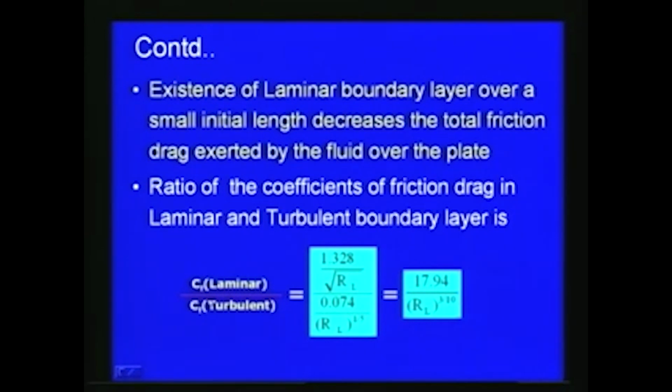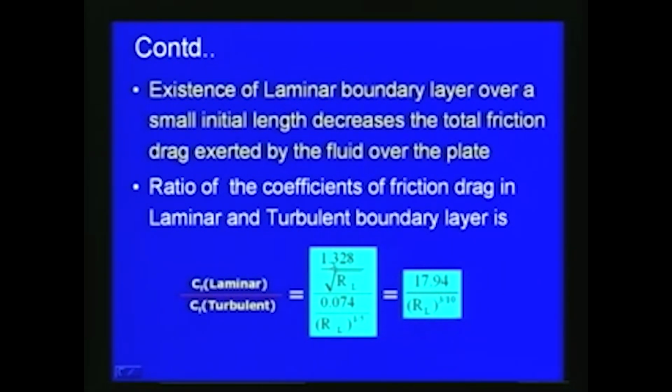Now, if you consider the ratio of the coefficients of friction drag in laminar and turbulent boundary layer, we can write Cf laminar divided by Cf turbulent. Cf laminar is 1.328 divided by square root of RL, where RL is the Reynolds number. This corresponds to the coefficient of friction drag for laminar boundary layer, and Cf for turbulent boundary layer, we have already seen, is 0.074 divided by RL to the power 1 by 5, where RL is the Reynolds number.